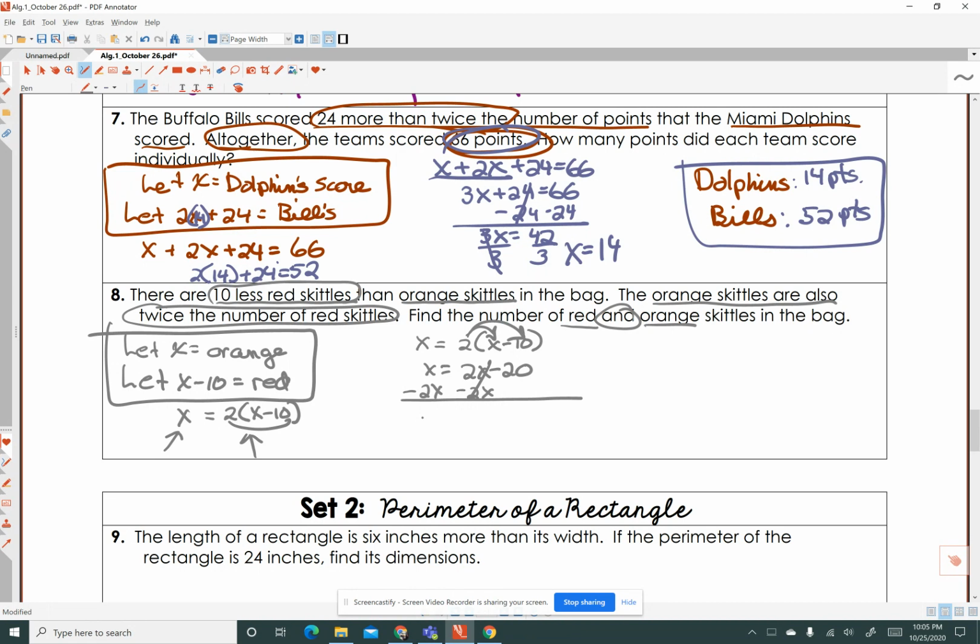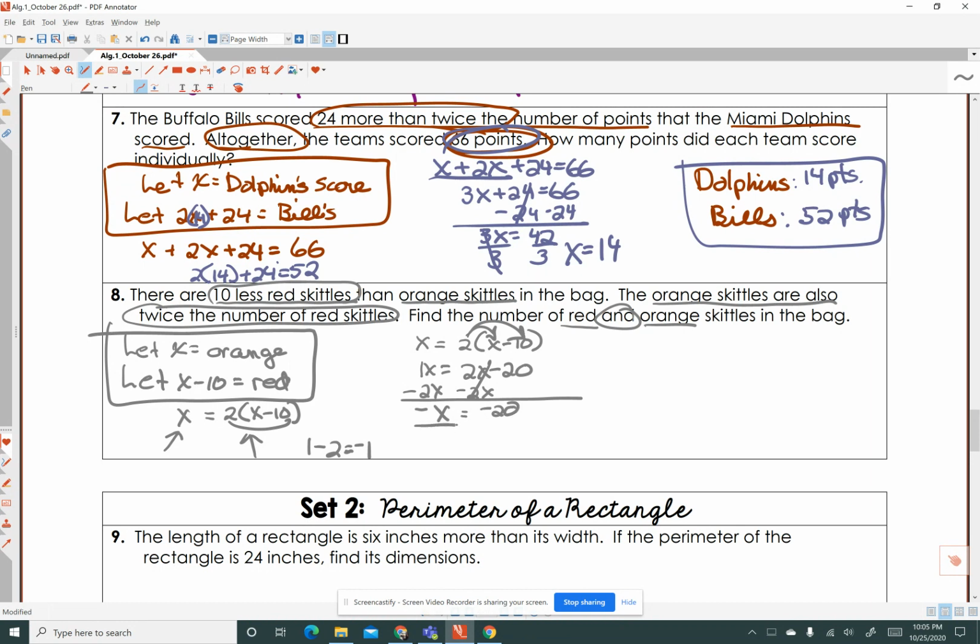And here we have x minus 2x. Remember, this is 1x minus 2x. So what we're doing is 1 minus 2, which would equal negative 1. That's going to become an invisible 1. So the answer, over on the left side, would be negative x equals negative 20.